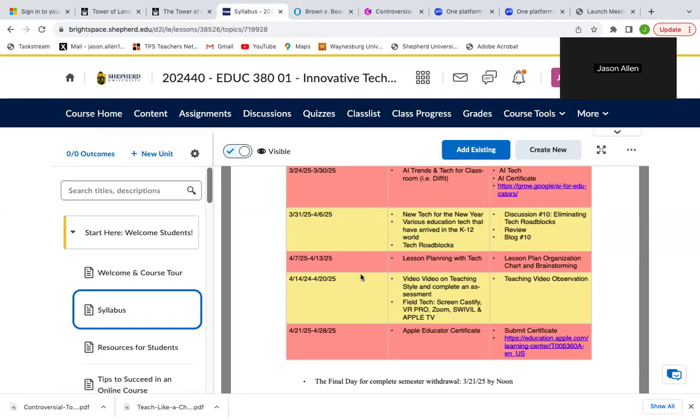So everyone's lesson planning skill set might be in different places. This is a way for me to give everyone the opportunity to start thinking about how you would utilize this without going too far down the road if you haven't had your methodology classes yet, or Ped 1 or Ped 2, or haven't been in the field a whole lot. So with all that being said, let's go down here and I'll show you what's going on.